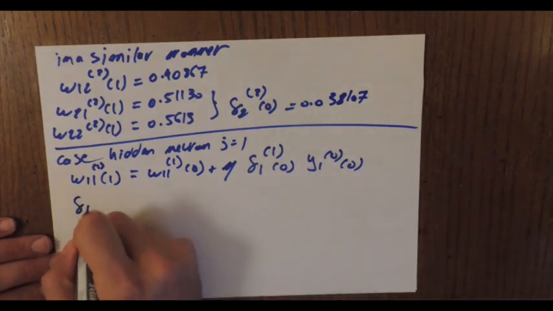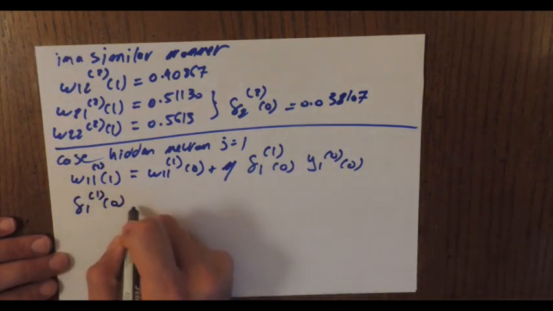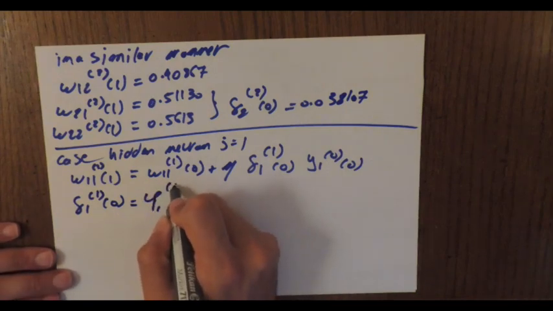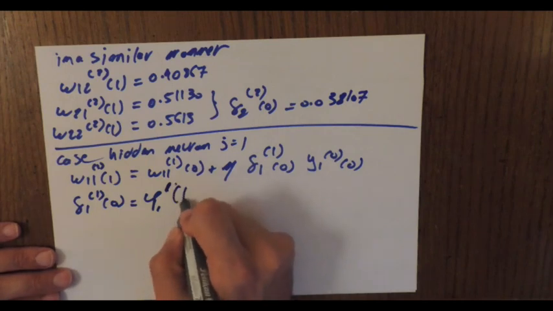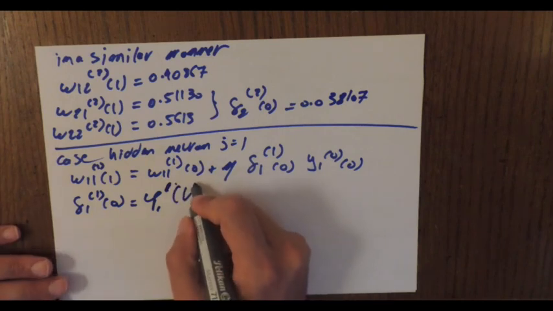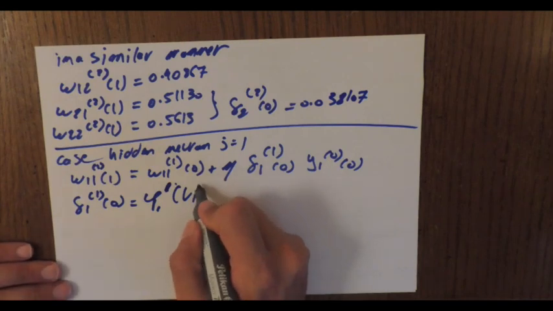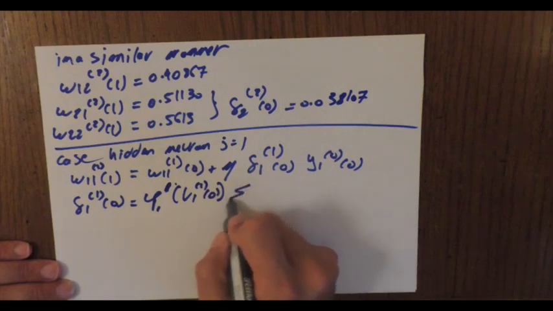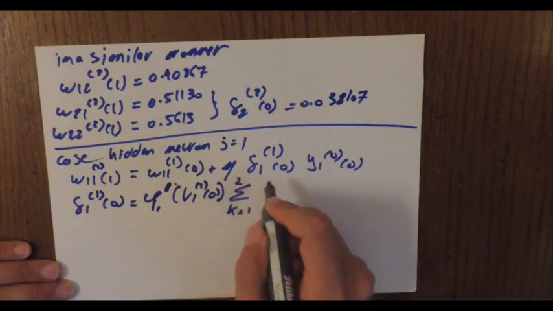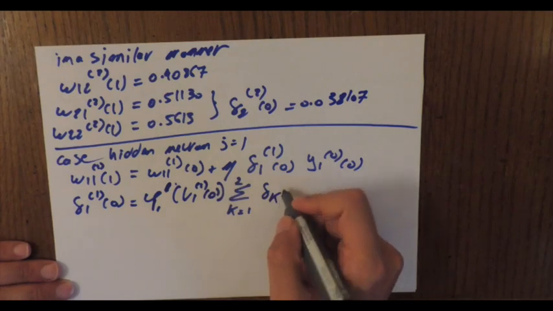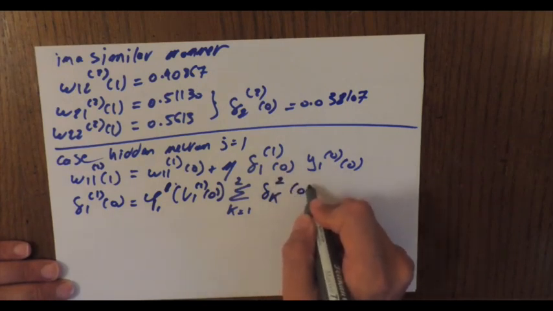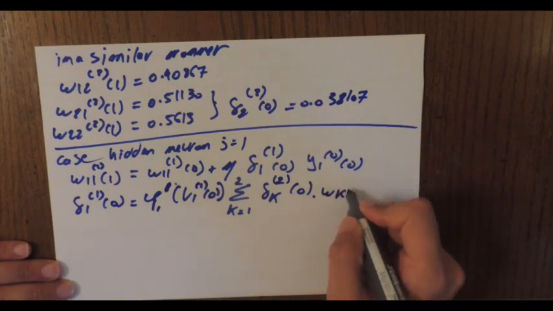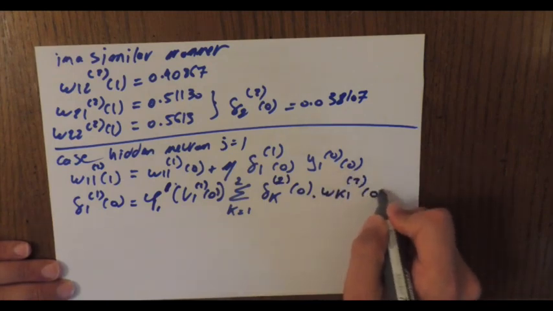Now the local gradient is equal to phi 1 prime of v1 of 1 of iteration 0 times the summation, k equal 1 to 2, of the local gradient at the output times wk1 of 2 of 0.